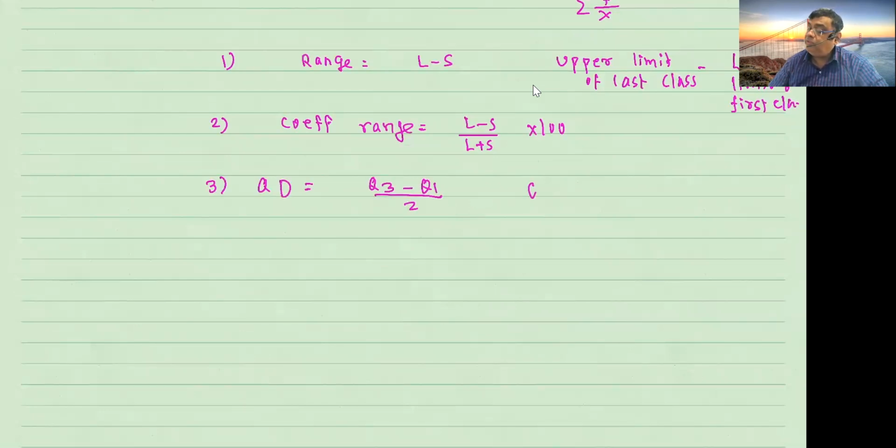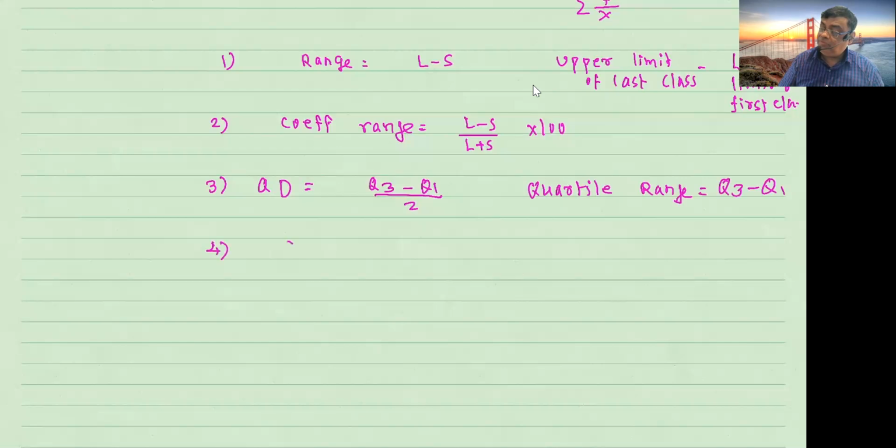But remember, if they just ask you quartile range, then you just have to say this is Q3 minus Q1. Deviation बोला तो divided by 2, range बोला तो Q3 minus Q1.